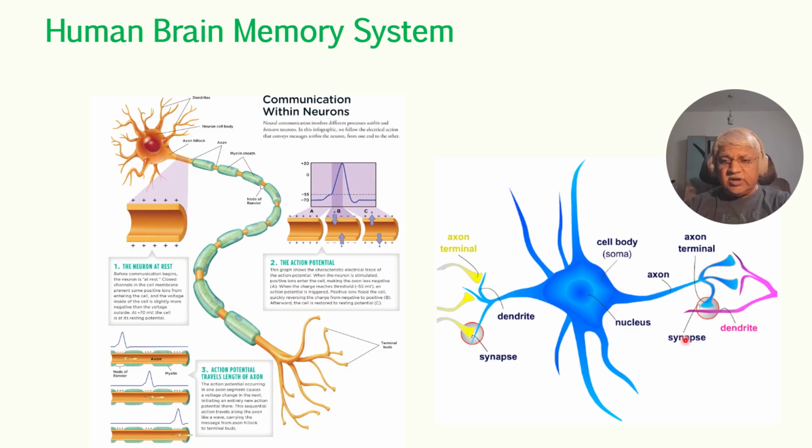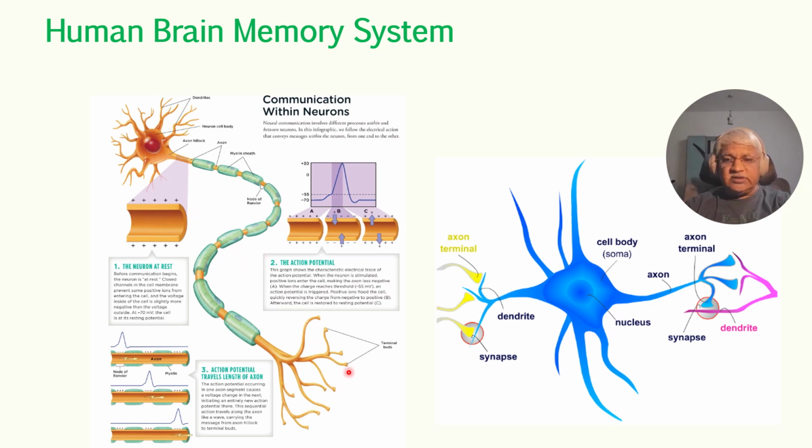We will briefly discuss how they share information through this picture. Initially, there is around minus 70 millivolts of voltage. This is the resting period, and during the resting period the signal will not pass to the other neuron.